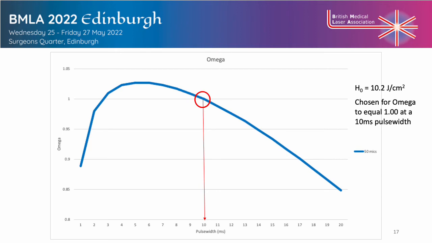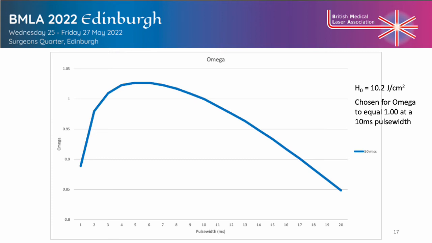And you can see that as the pulse width increases above 10, the amount of denaturation decreases. So longer pulses in this instance are not beneficial, whereas shorter pulses down to about 3 milliseconds will actually give us a little bit more denaturation than we find at the 10 millisecond pulse.